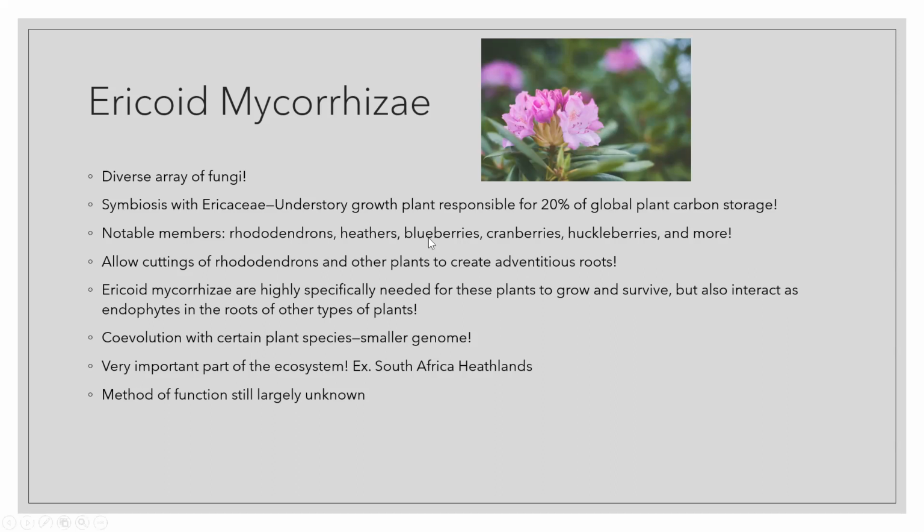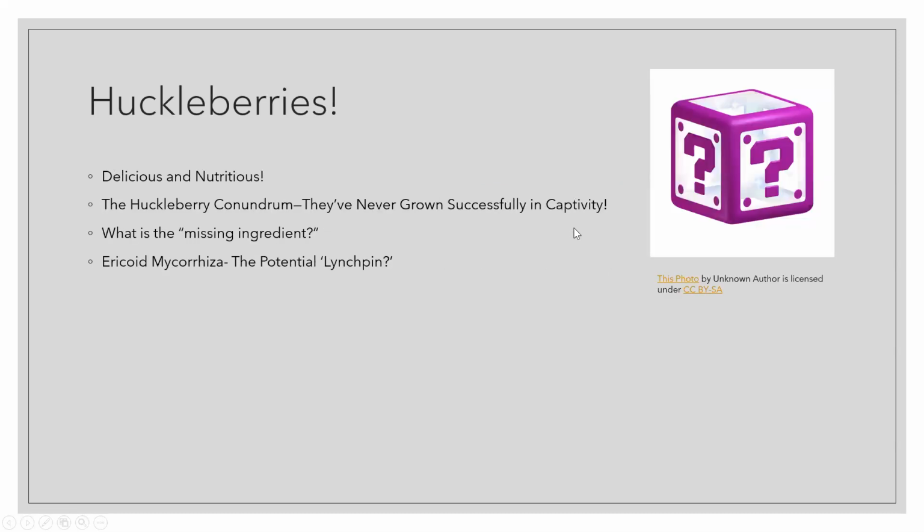Yes. So now we get to the not important, but exciting part of the presentation, which is my research: huckleberries. Huckleberries are super delicious and nutritious. They have huge cultural and economic significance for the entire Northwest and especially Montana. Why have they never grown successfully in captivity?